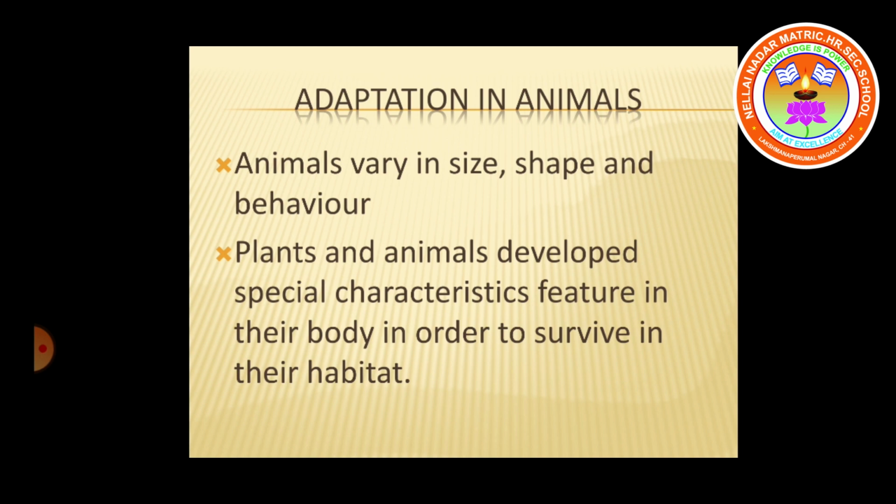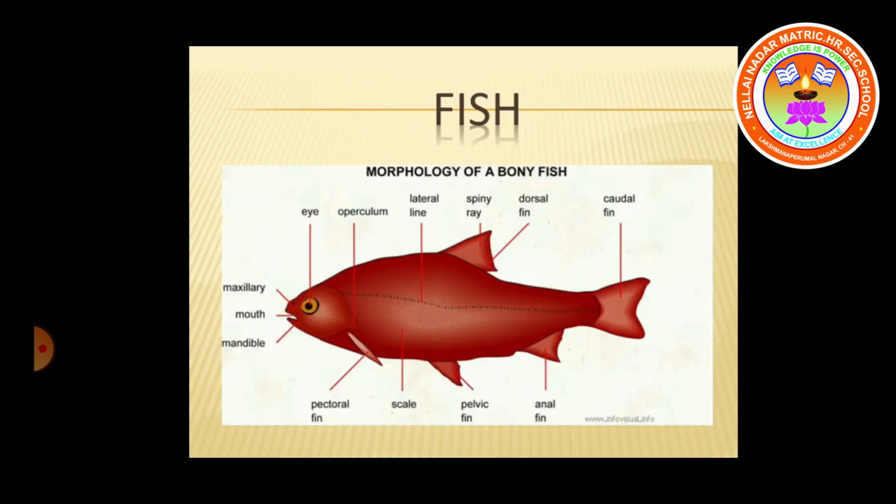If we cannot adapt to a situation, we cannot survive there. Are you clear? So plants and animals develop some special characteristic features in their body to survive in their habitat. That is called adaptations. Are you clear?